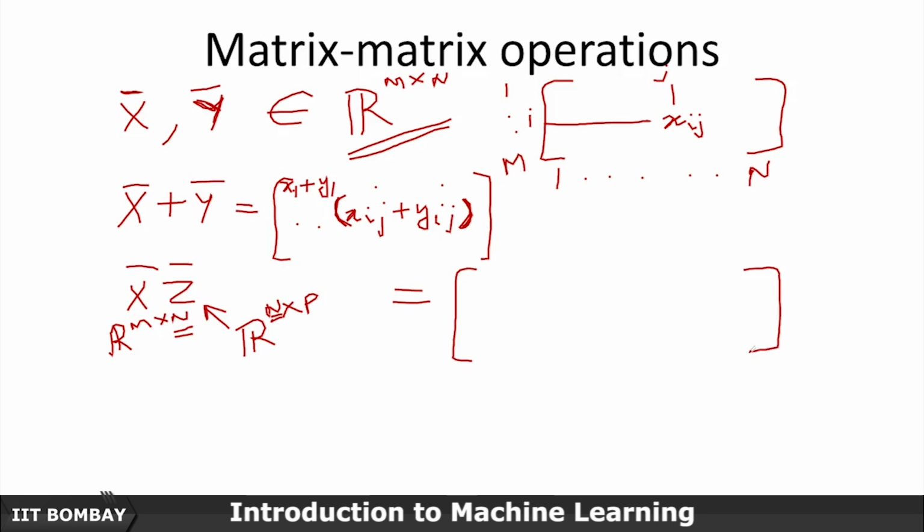So your top left element would be x_11 z_11 plus dot dot dot plus x_1n times z_n1. So this would be your top left element, and similarly you will have all the other elements which would also be sum products, which would be basically dot products of the rows of X with columns of Z.